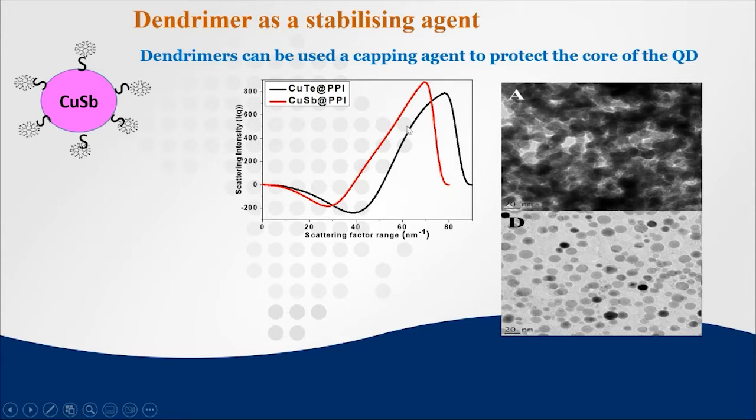But now, how do we complement what we have in this graph with what we have on the right-hand side? Because these techniques are giving us the same information. But this technique is focusing on the internal structure using a copper grid, whereas this instrument, we're using it in solution or in powder form.